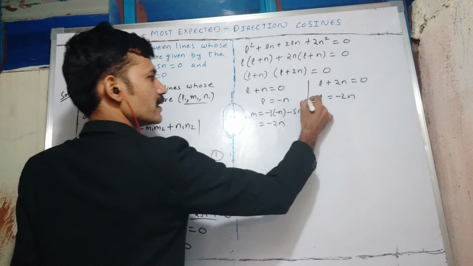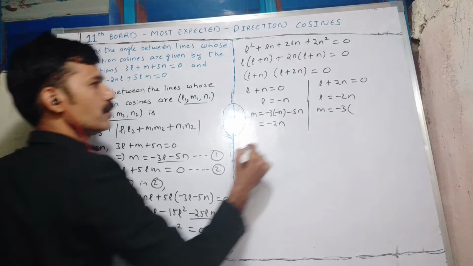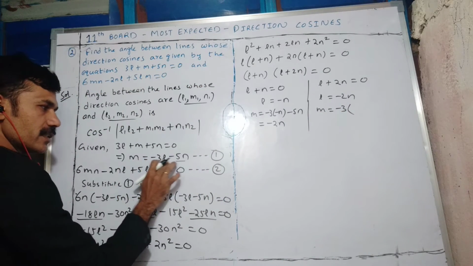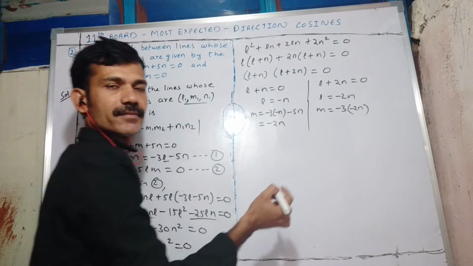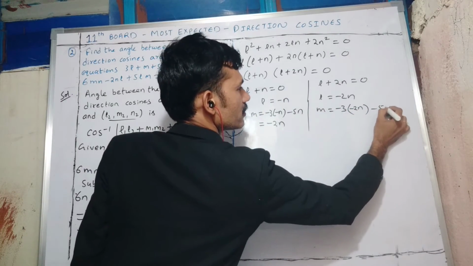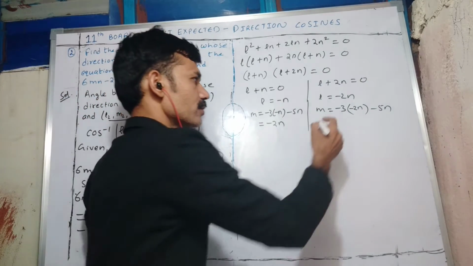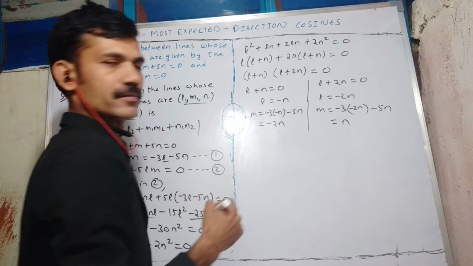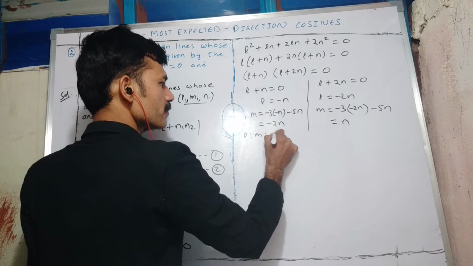Similarly for the other case, l is minus 2n, so m is plus 6n minus 5n, which is n.